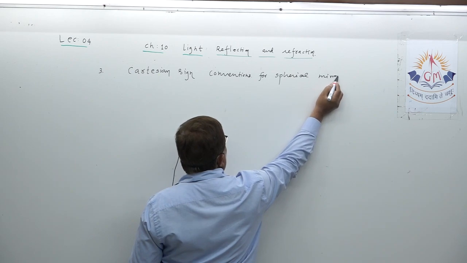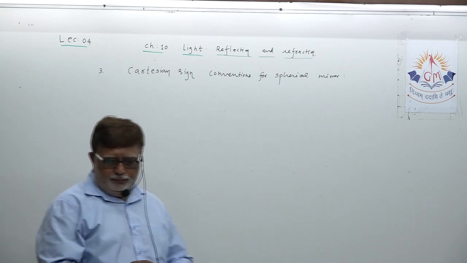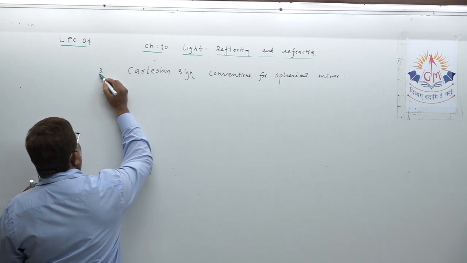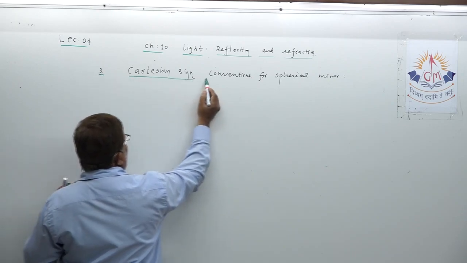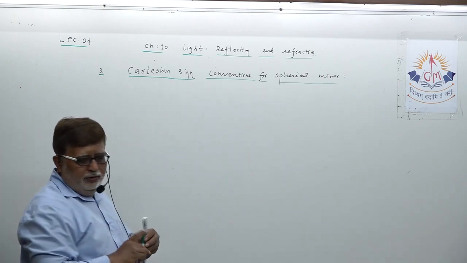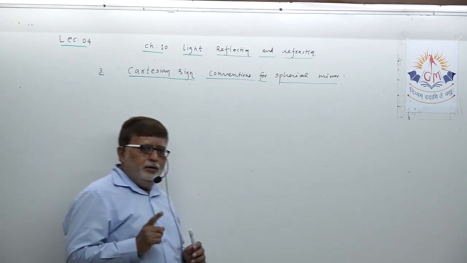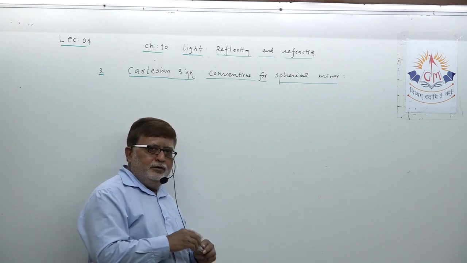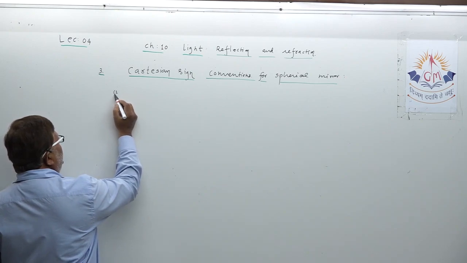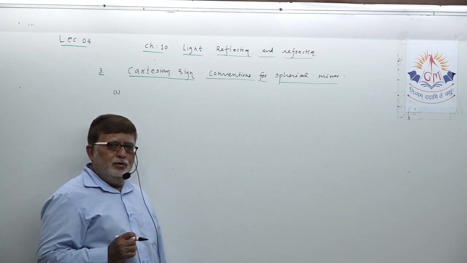Actually, we are writing for spherical mirror, but the same we utilize for plane mirror also. Let us study all the Cartesian rules which apply for spherical mirror. The first thing, dear student: it has already been written in the material, but try to understand the meaning of that.